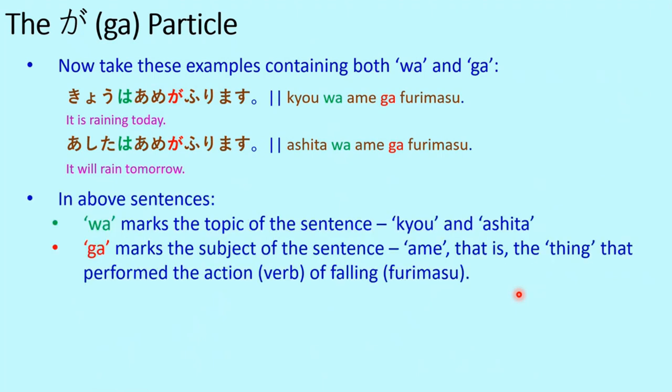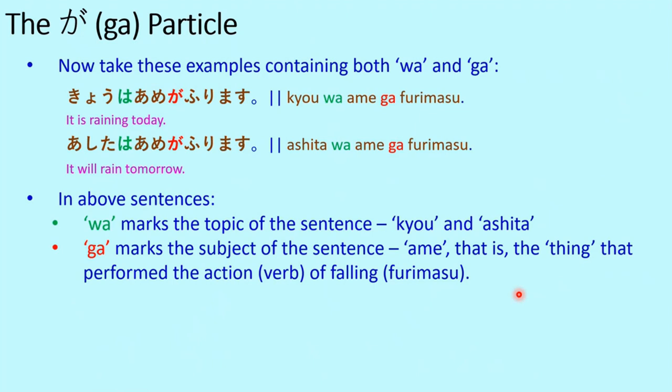In these two sentences, that is kyo wa ame ga furimasu and ashita wa ame ga furimasu, wa marks the topic of the sentence, which are kyo or ashita. Kyo is today, ashita is tomorrow. So this is the topic and not the subject of the sentence.